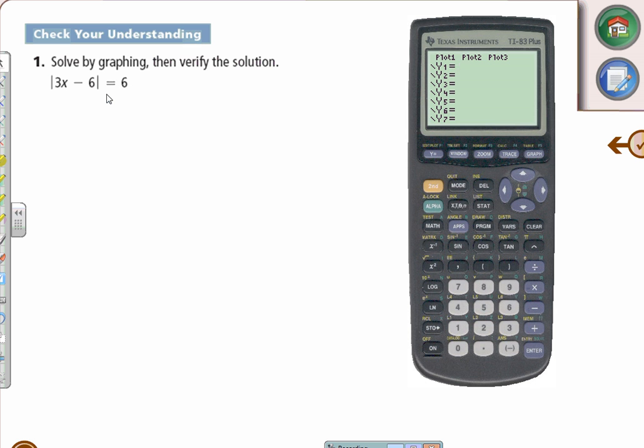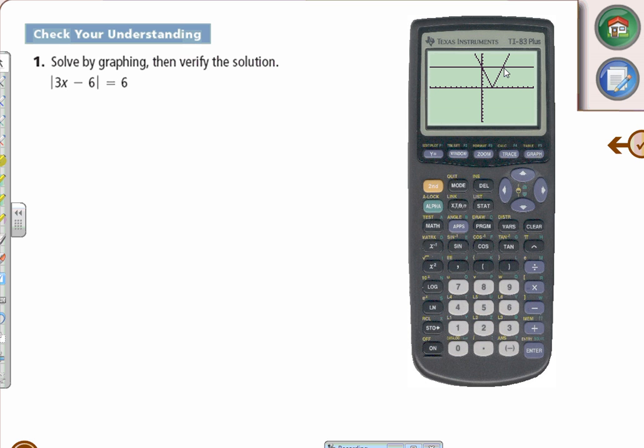So the first one is going to be the absolute value of 3x minus 6. We're going to graph that one as y1 and graph 6 as y2. We're looking for the intersection of these two. So right here and right there.